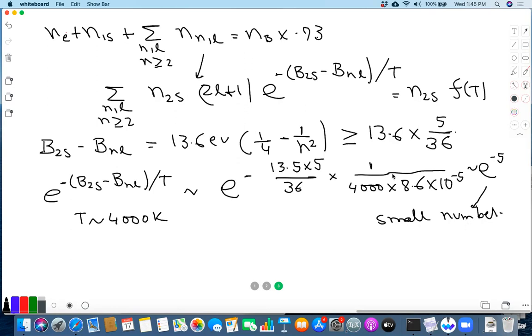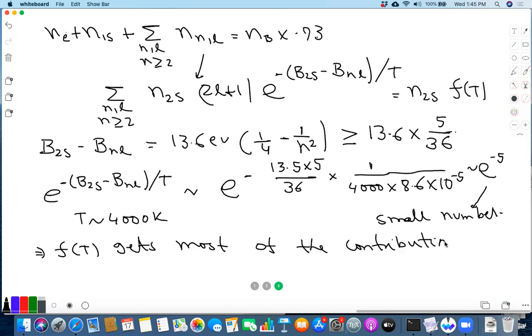And this basically says that even though f of t involves this sum, f of t gets most of its contribution from 2s and 2p states.